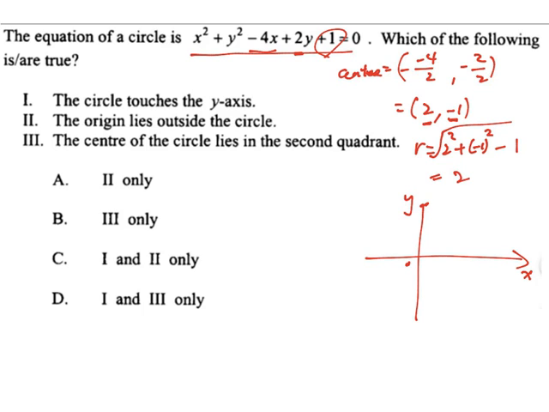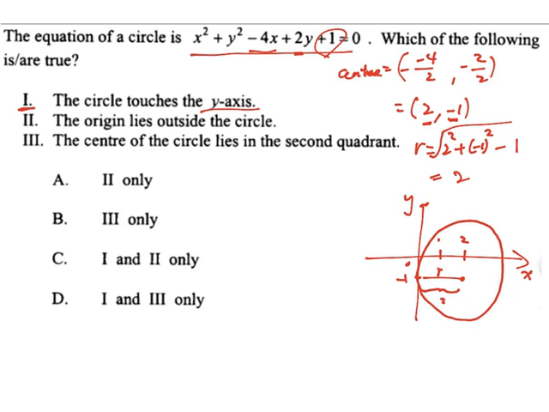We have the center (2, negative 1), so 1 here, 2 here, and negative 1 here. So the center is around here, and the radius is 2. You can see this distance is 2, so the circle is about like this.